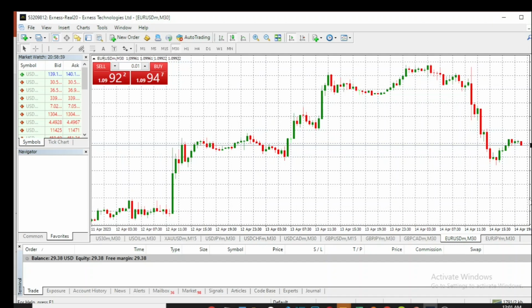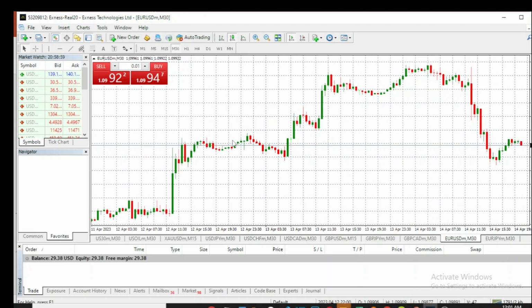So if it moves 1 pip and you're trading a micro lot, that means $0.10. You get it, guys? That's how the lot size determines the value of your pip.